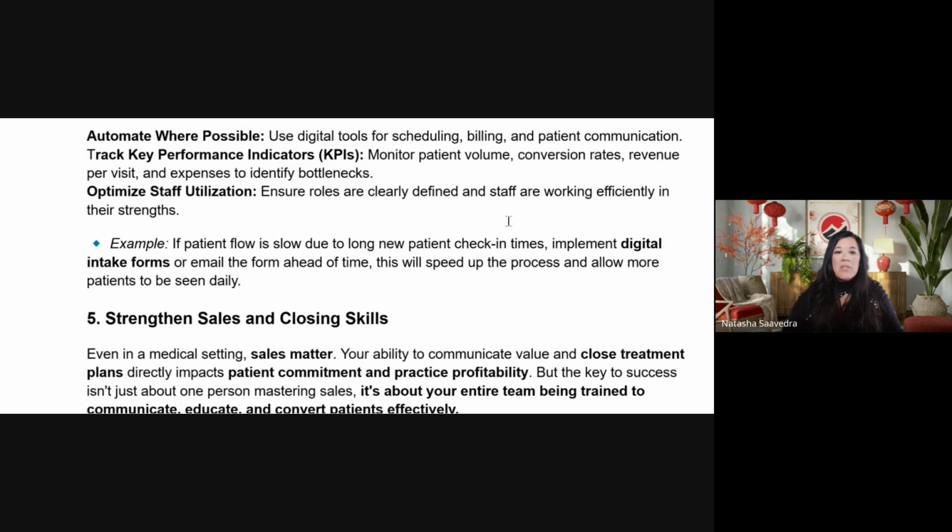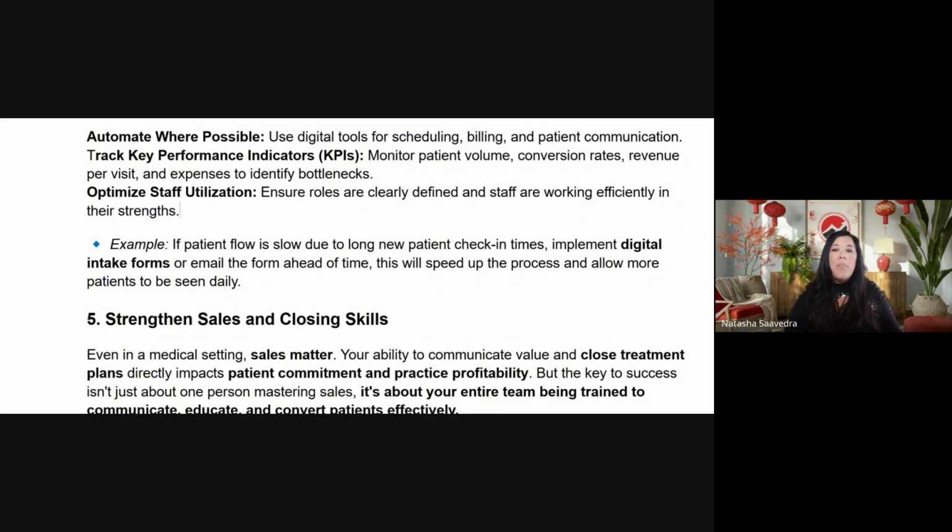One example is if a patient is slow due to long patient check-in times, implement digital intake forms or email the form ahead of time. This will speed up the process and allow more patients to be seen daily. This is a bottleneck that we see all the time. Patients come in, and if they're elderly, it could take them anywhere from 45 minutes to an hour to fill out paperwork.